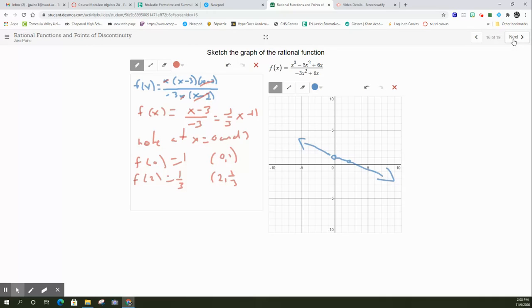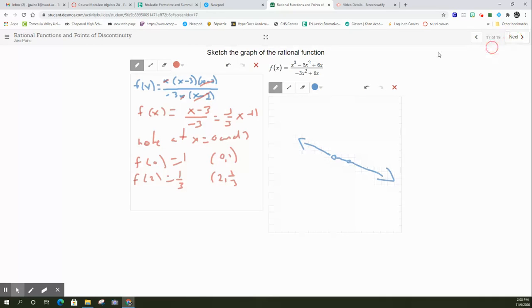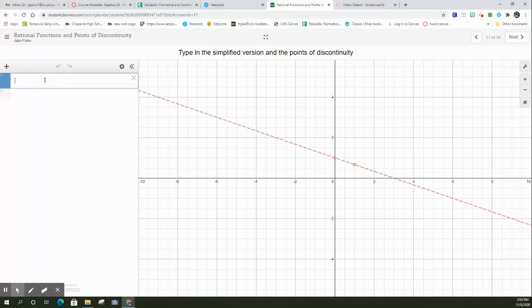On the next slide, they want me to type in the simplified version. So that was f of x equals x minus 3 over negative 3.